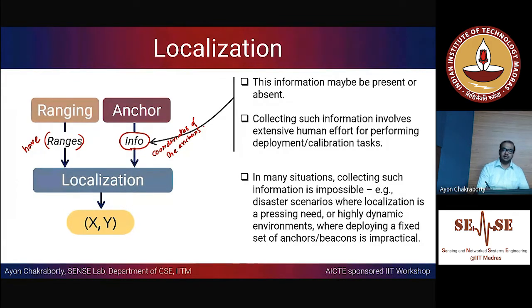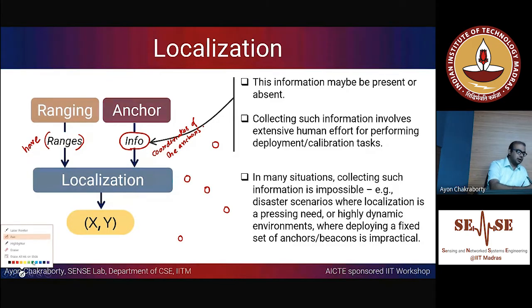So in that sense, these things become more of a homogeneous system, right? Earlier we were calling them anchors because we knew their location and we used them as a reference point. But currently, let's say the green node is your node, right? And the red nodes are sort of whatever we used to call anchors, right?